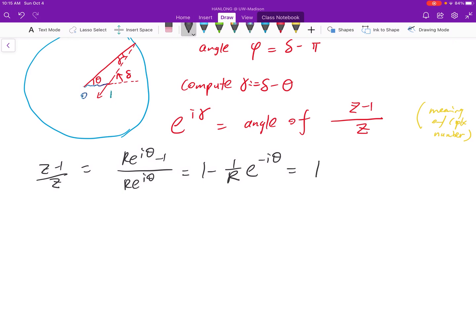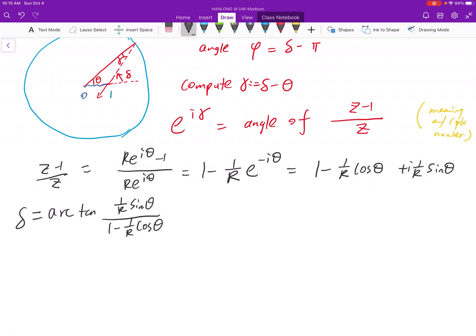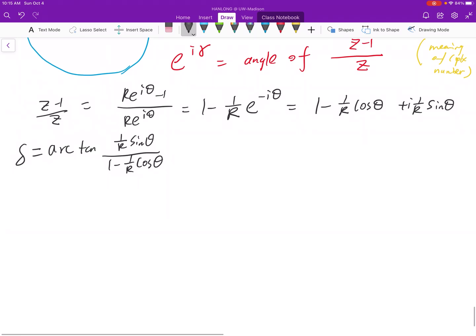So it's 1 minus 1 over R cosine theta plus 1 over R I sine theta. So the angle will be arc tangent of 1 over R sine theta over 1 minus 1 over R cosine theta. So delta is given by this number. And gamma is given by this number.